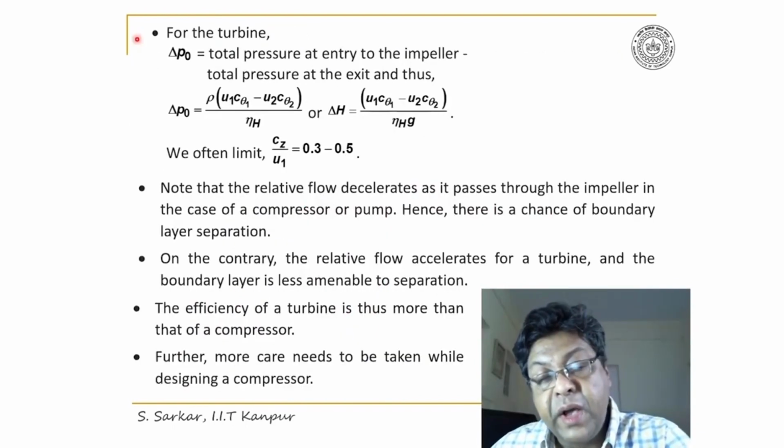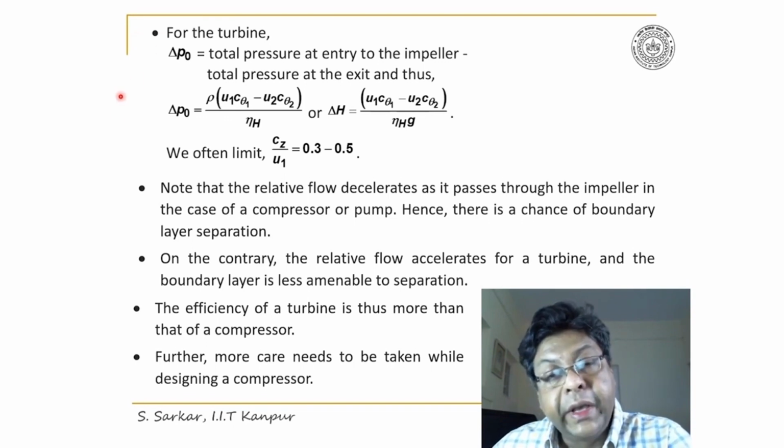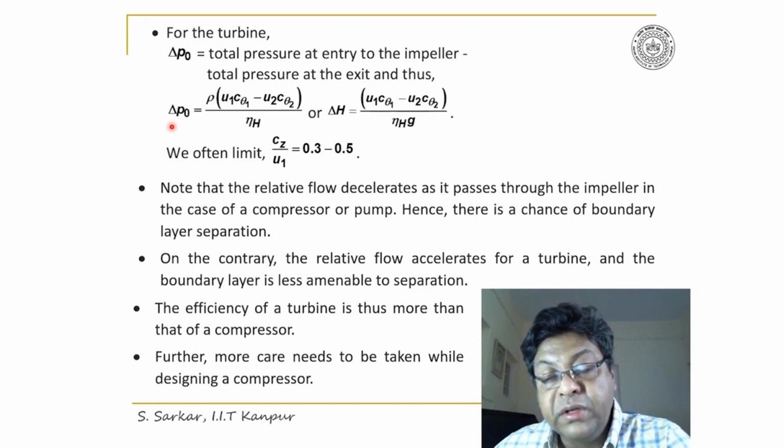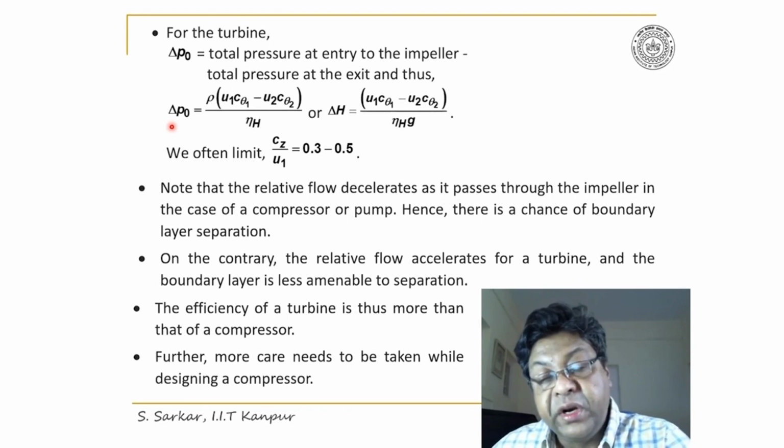Thus, for a turbine considering incompressible flow, we can express del P0 equal to rho into U1 C theta 1 minus U2 C theta 2, divided by eta H, eta H being the hydraulic efficiency, and del P0 is the pressure drop in a stage.